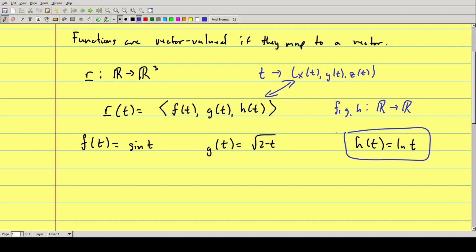What kinds of numbers am I not allowed to take the natural log of? Non-positive numbers, right? Natural log of 0 is bad. Natural log of negative numbers is bad, okay? Both of those things represent domain restrictions for the function, right?